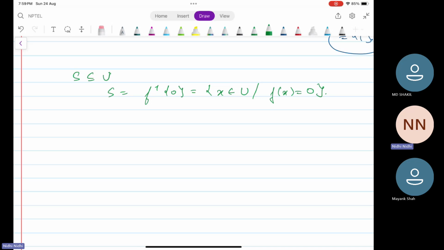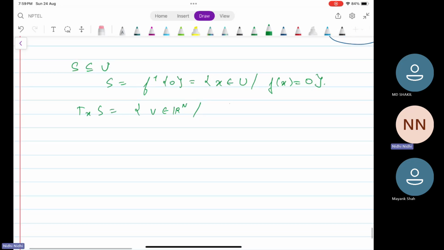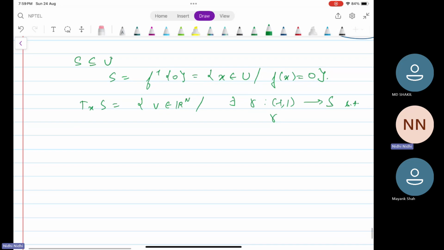We define the tangent plane at x in S. T_x S is the collection of all those vectors v in R^n such that there exists a curve gamma from (-1,1) to S such that the derivative of gamma at point 0, which is a linear map and will eventually be a vector in this case because the domain is a subset of R, should be equal to v.